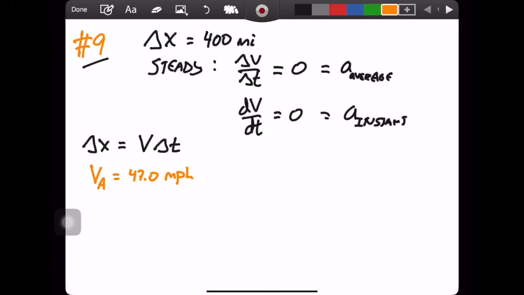And we have Beth, and Beth is traveling at a steady 58.0 miles per hour. So Beth is traveling with a greater velocity than Alan, which is to say we know it's going to take less time for Beth to make the trip than for Alan. But we need to calculate how much.